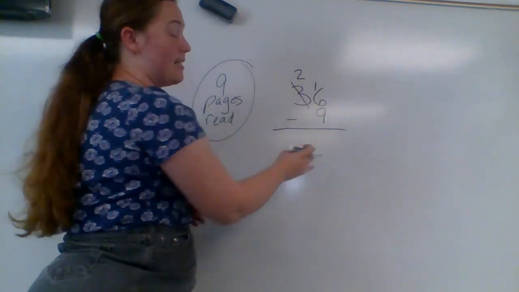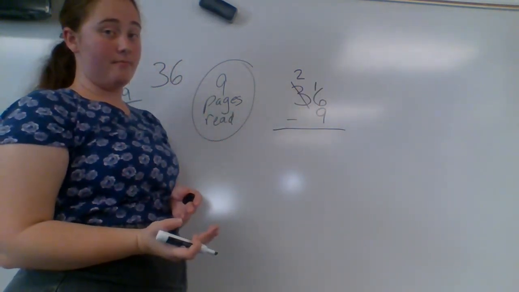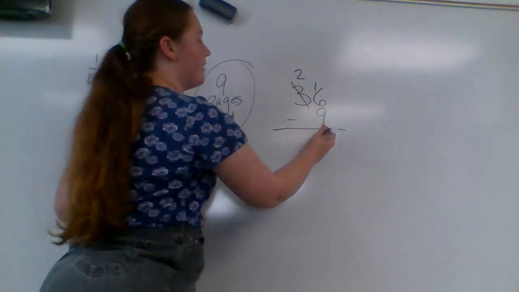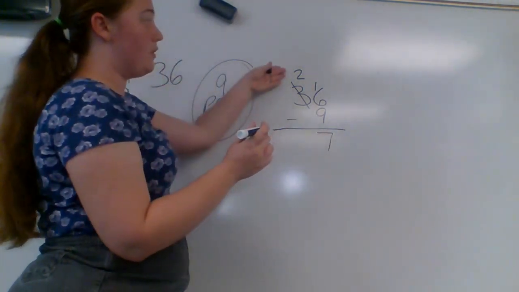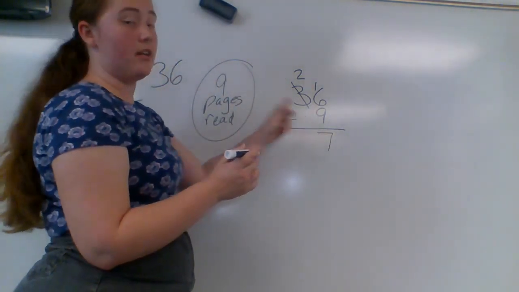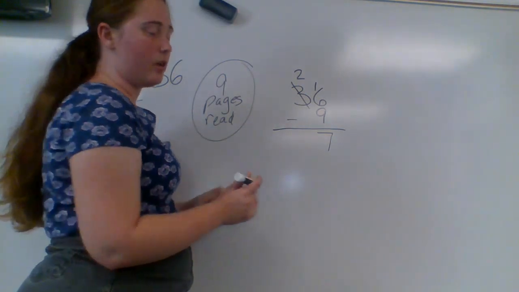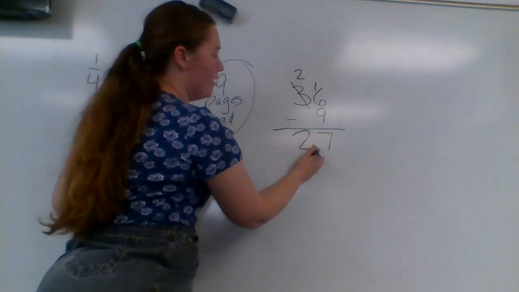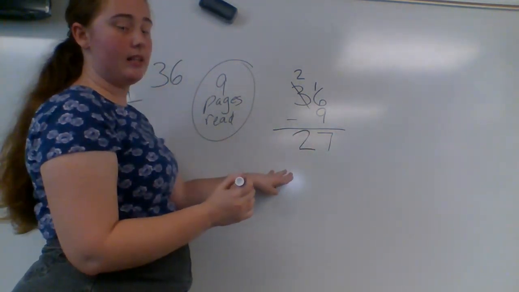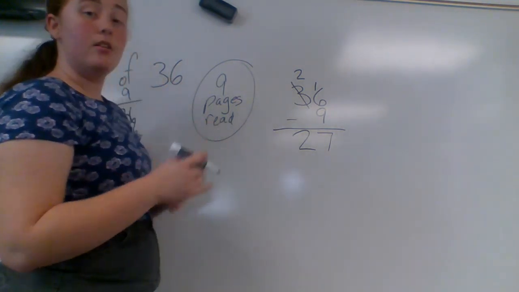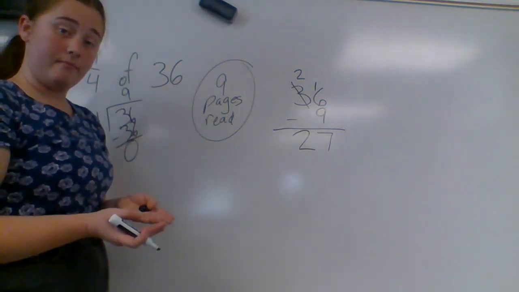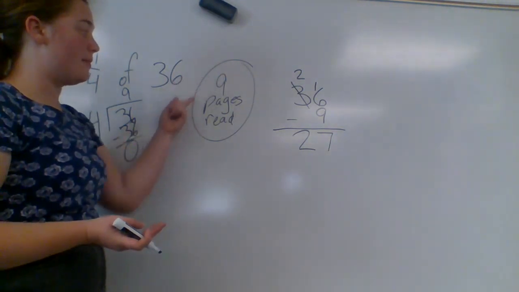So 16 minus 9 is what? Right, it's 7. And this 2 right here, well, there's nothing here, so that's basically 2 minus 0, or 2 minus nothing. So that's 2 right here. So that's 27. 27 what? Right, this is how many pages she's read.